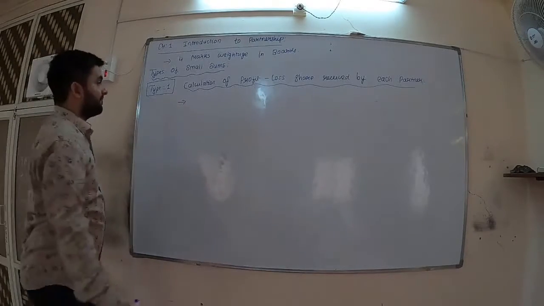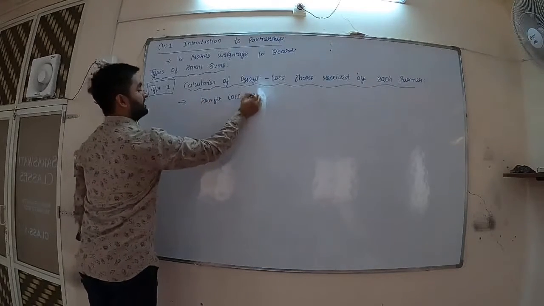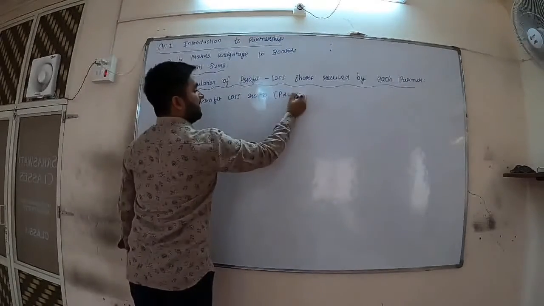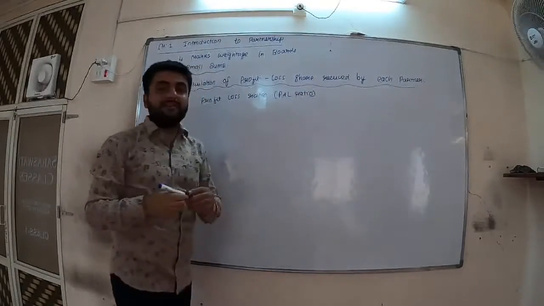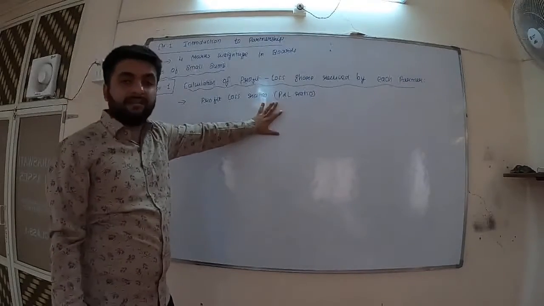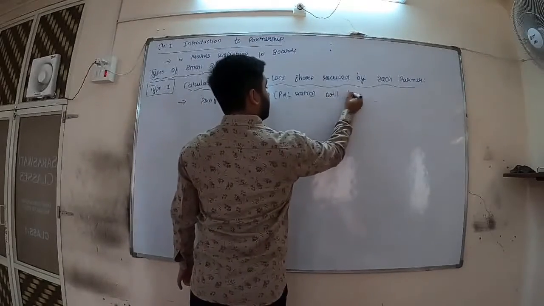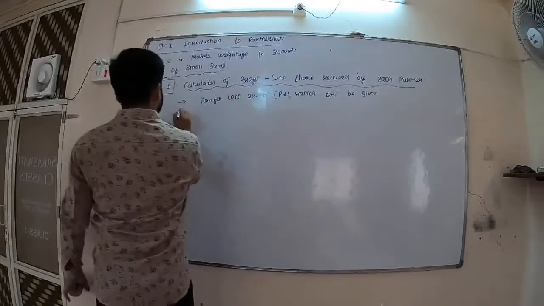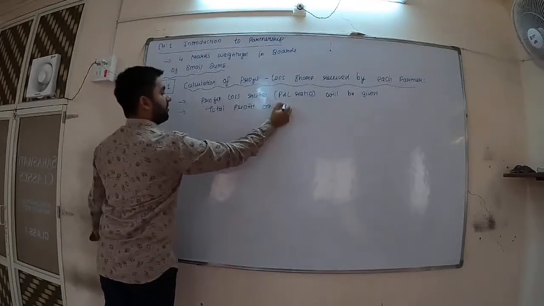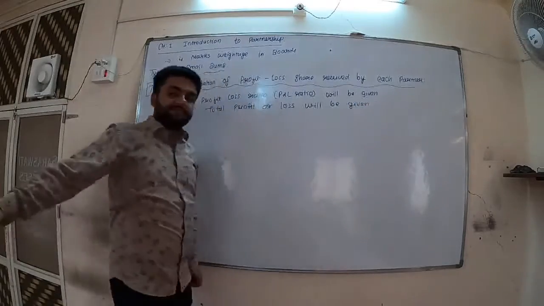Now below it write: profit loss ratio. In short, P&L ratio. Every time I will write P&L ratio only, so you will understand that P&L ratio means profit and loss ratio. The profit and loss ratio will be given, and the total profit or loss will be given.